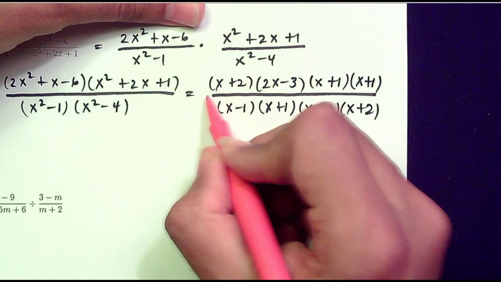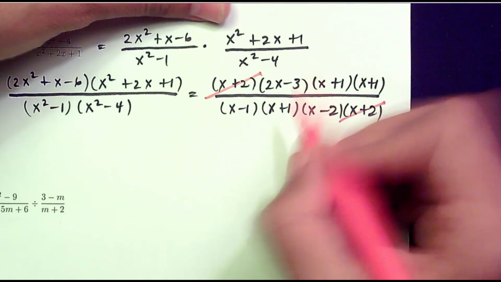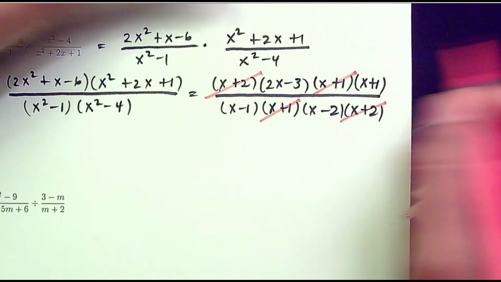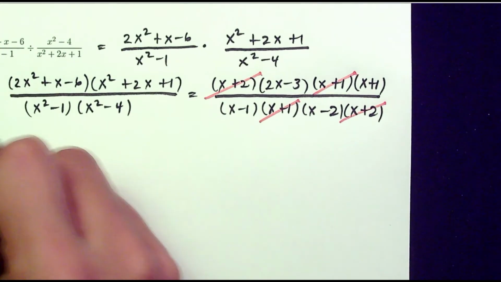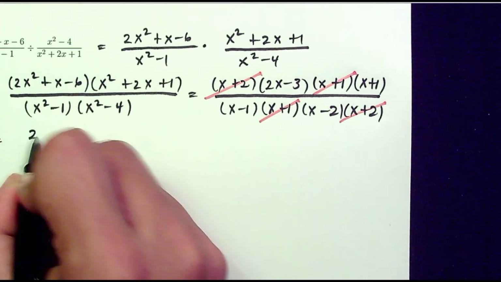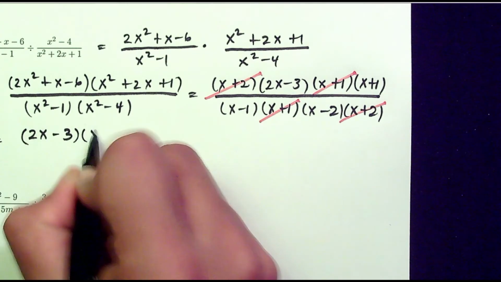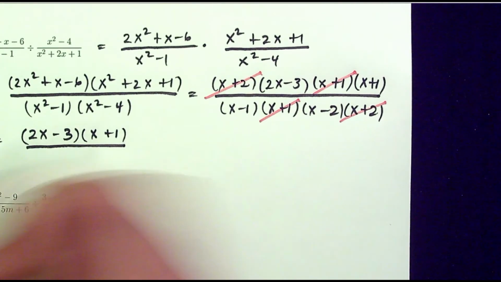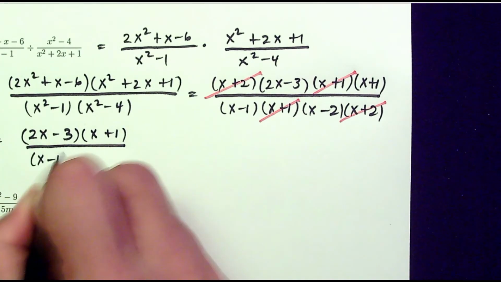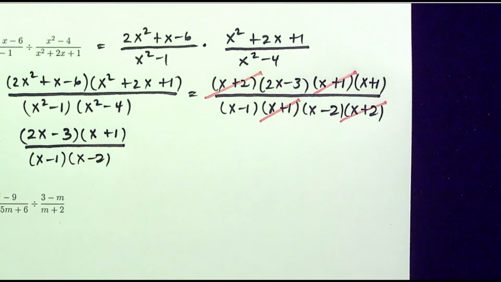So x plus 2 cancels with x plus 2. x plus 1 cancels with x plus 1. And whatever remains is the answer. And we don't multiply this back out, we just leave it like that. 2x minus 3 and x plus 1 on the top. And on the bottom, you have x minus 1, x minus 2, and that's the end.